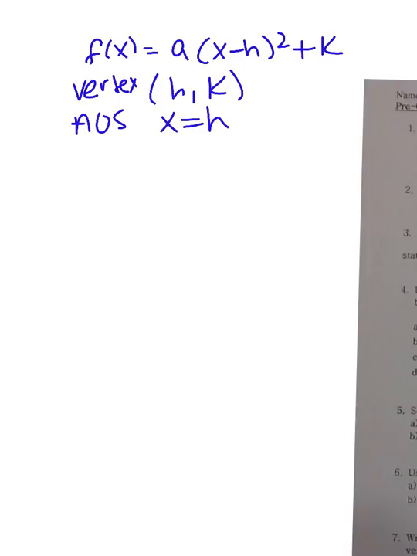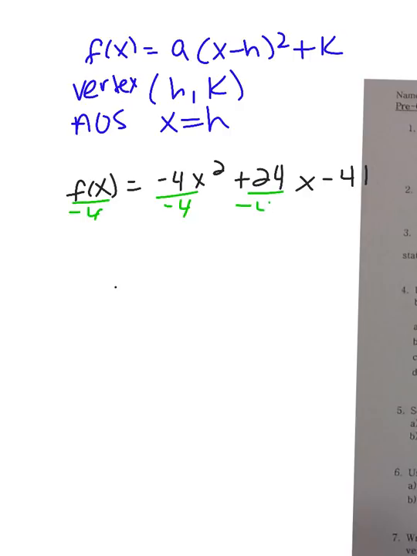All right, so let's take a look at the first one. So it's f of x equals negative 4x squared plus 24x minus 41. All right, so we have to have a leading coefficient of positive 1, so I have to divide everything by negative 4. So I have f of x over negative 4 equals x squared minus 6x plus 41 over 4.